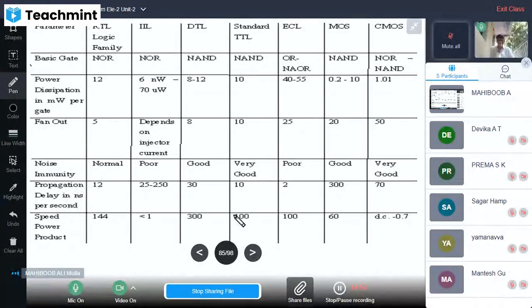This is about propagation delay. When a signal moves from input to output, this much delay will occur. This is propagation delay in nanoseconds, 25 to 250, 12 nanoseconds, 30 nanoseconds, and so on. So much time delay. Speed power product is there.